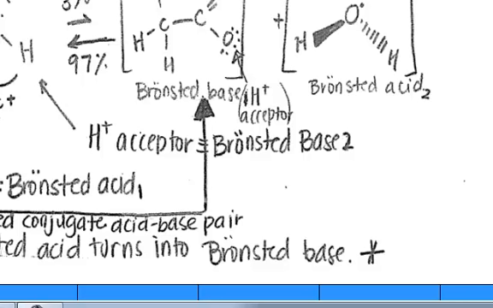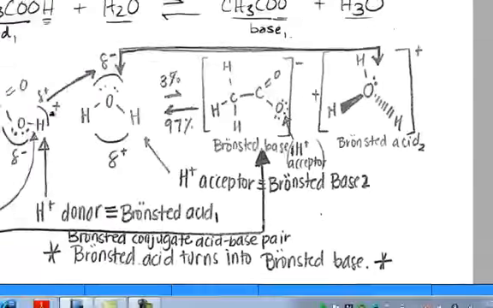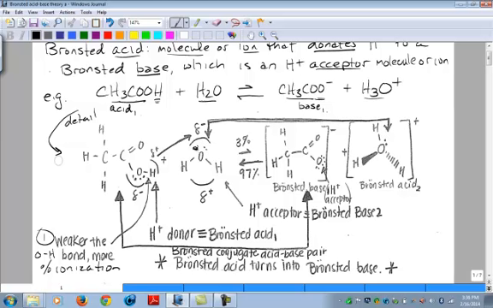In this reaction water accepted an H plus ion, or a proton, from the ethanoic acid, mainly by virtue of one of the lone pairs on the oxygen of water attracting the H plus ion away from the ethanoic acid. So this covalent bond breaks and the H plus forms a covalent bond with the oxygen atom of water, sharing the lone pair of electrons between the two nuclei.